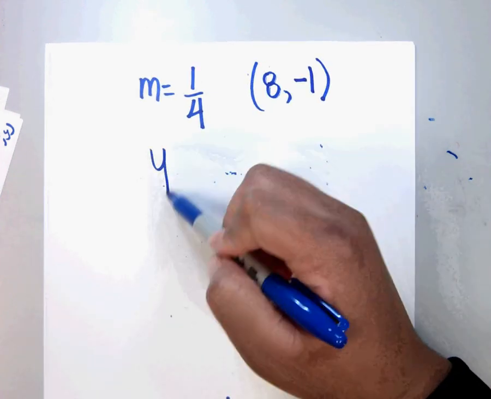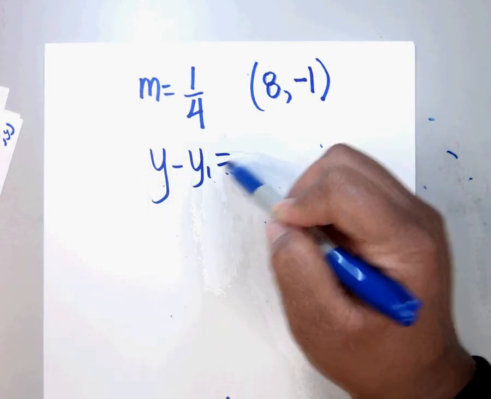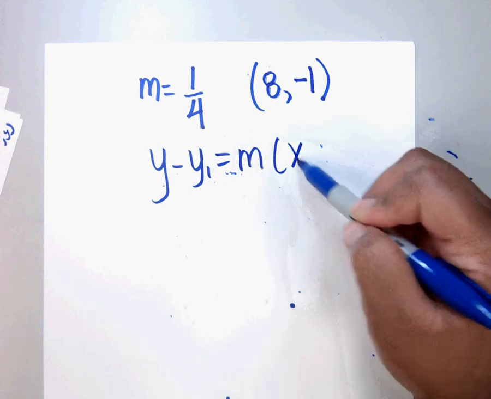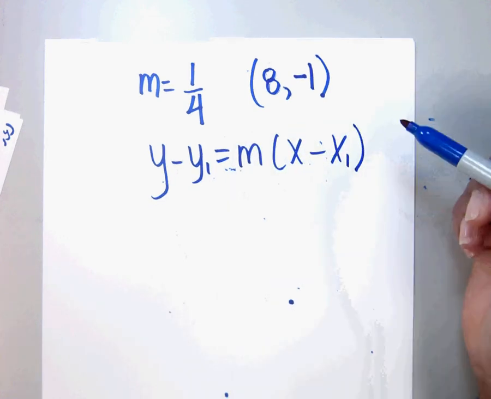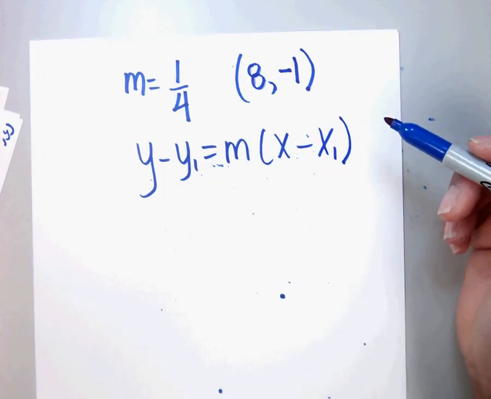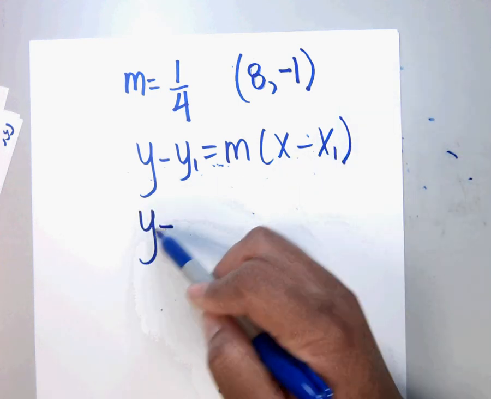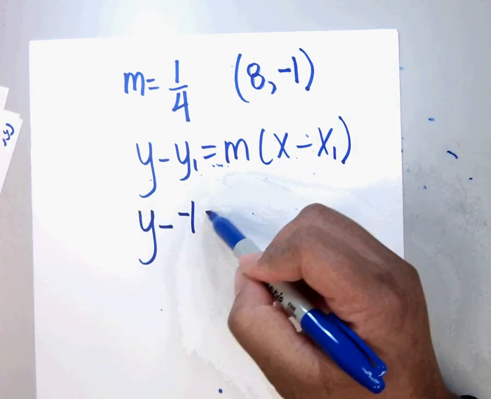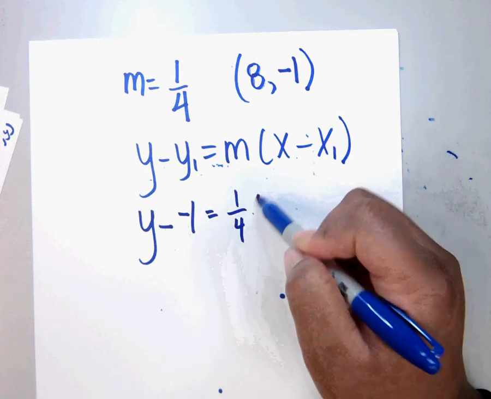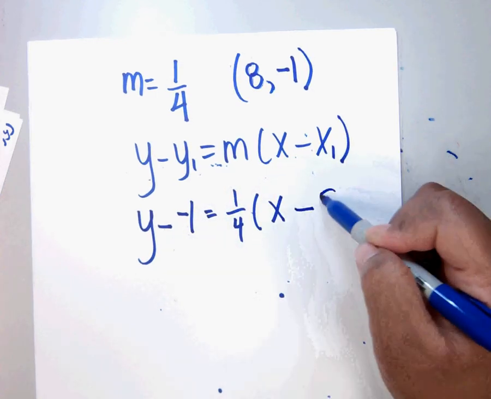Write your formula, use the calculator if you need to, pause the video. No cheating, pause. Okay, now that you're back, this is y minus negative 1 equals 1/4 times x minus 8.